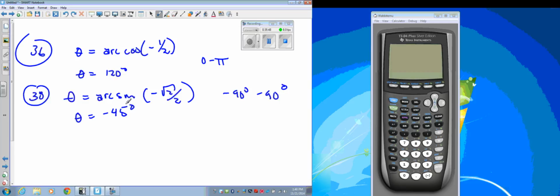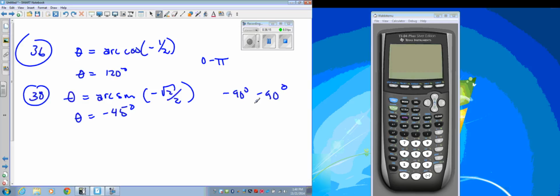I can't hear you. What? Can you just explain why it's minus 45 rather than minus 155? Because it has to be between minus 90 and plus 90. And where that is spelled out is back there on page 265 when it says sine inverse.